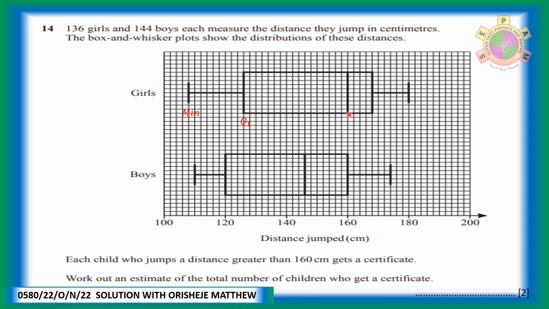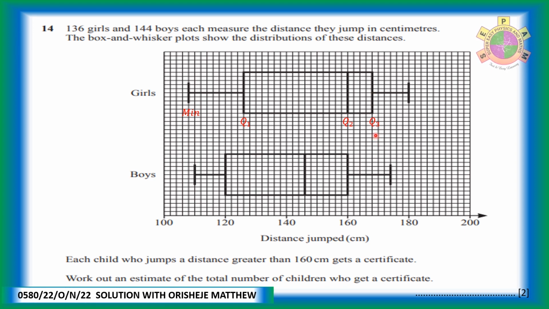Then this middle line gives the median of their jump, that is half of their jumps. So we have Q2, that is the 50%, and then this line gives the upper quartile.